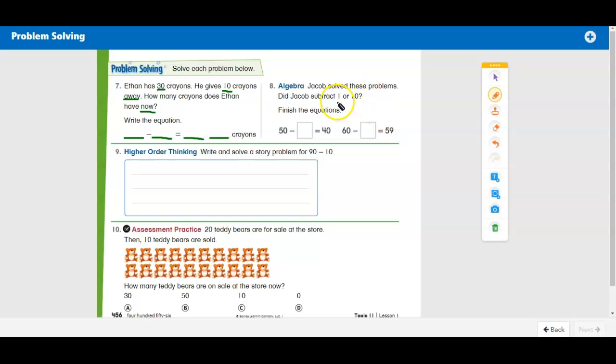You are going to either write 1 or 10 in the square below. On this first equation, did Jacob subtract 50 minus 1 to get 40? Or 50 minus 10 to get 40? Write the number in the box.